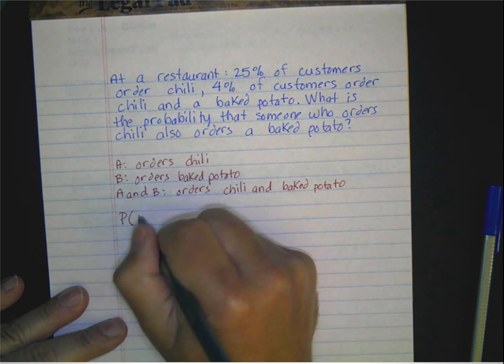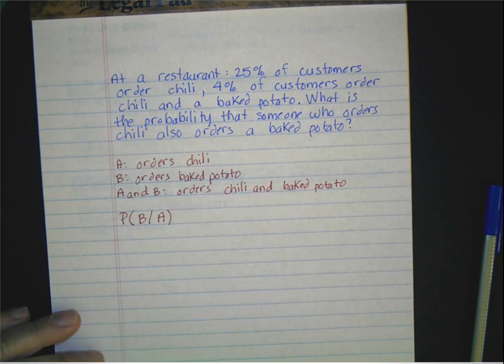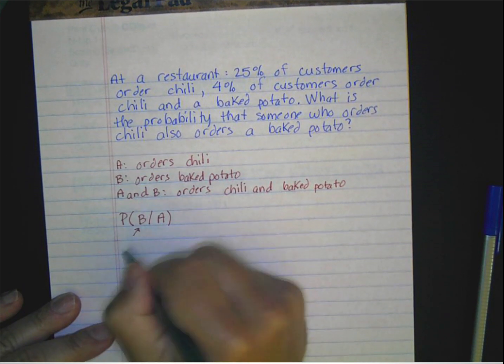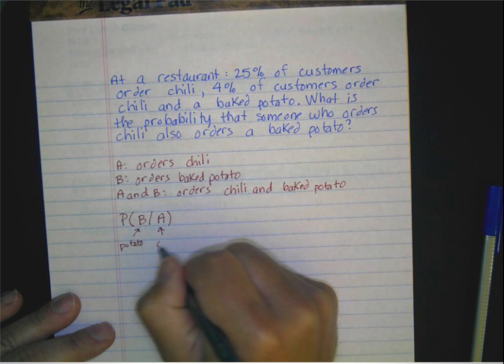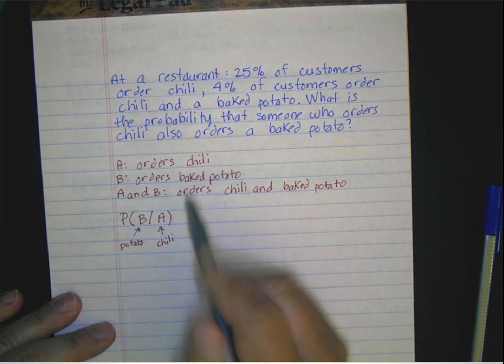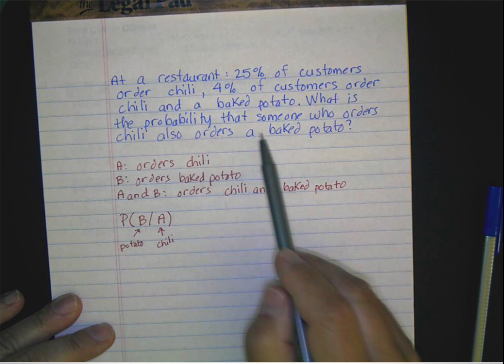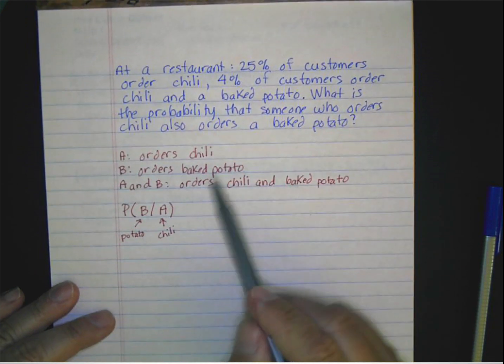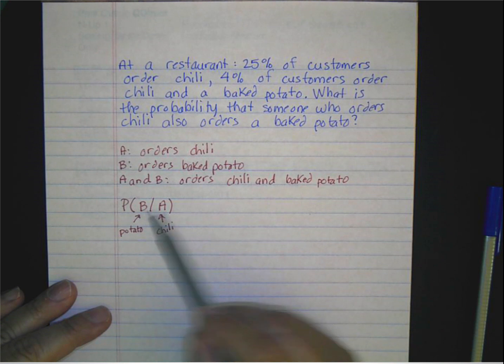That's what the question is asking: what is the probability that someone who orders chili will also order a baked potato?